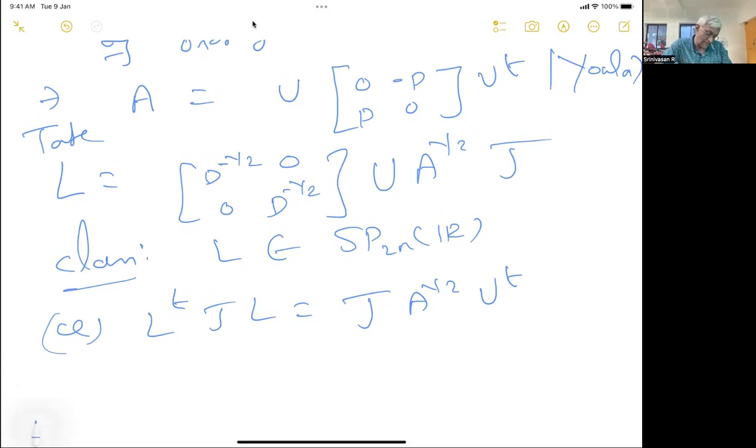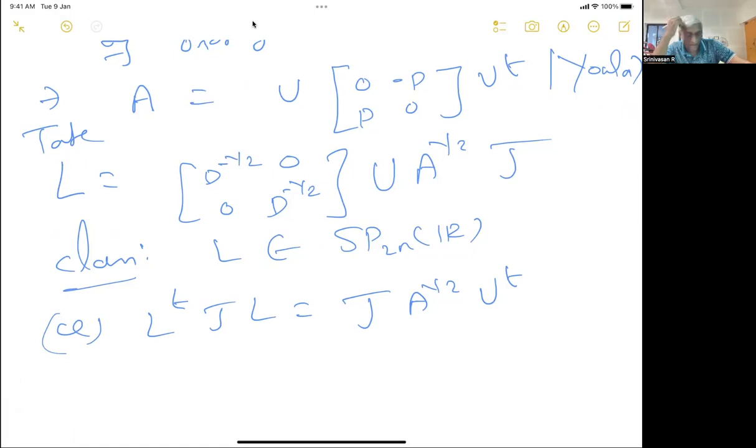J A power half U transpose. Then this and D power minus half will come this side. I better have it L. Maybe I will verify for L. So he just missed a J then.